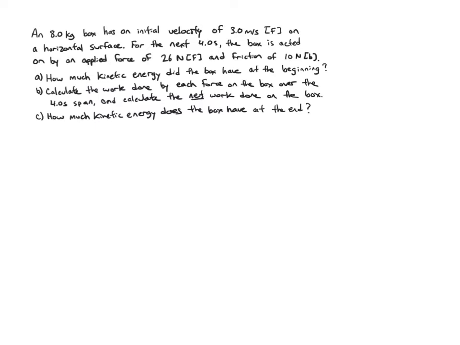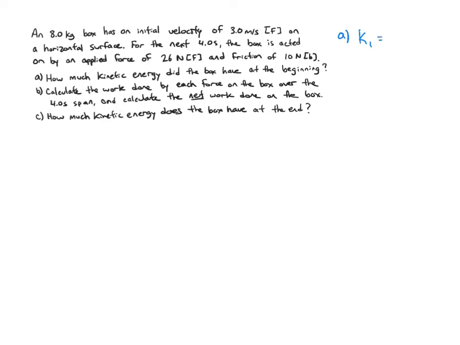All right, so part A, I'll squeeze it in the top corner here. It's the most straightforward part. It says how much kinetic energy does the box have at the beginning. So I'm going to label that as K1 with a subscript of 1 standing for the beginning.